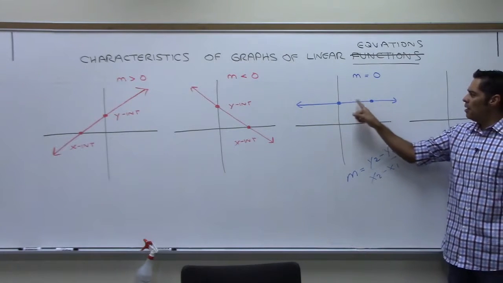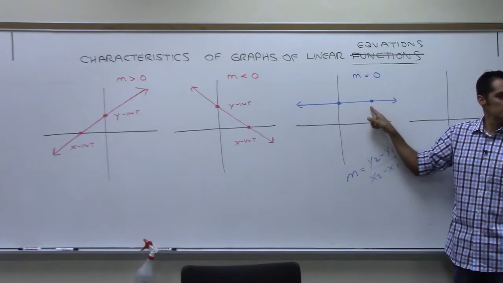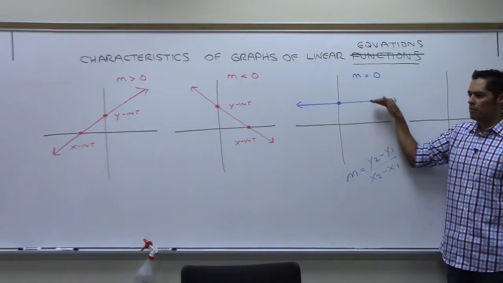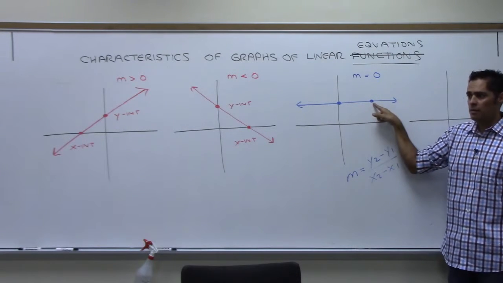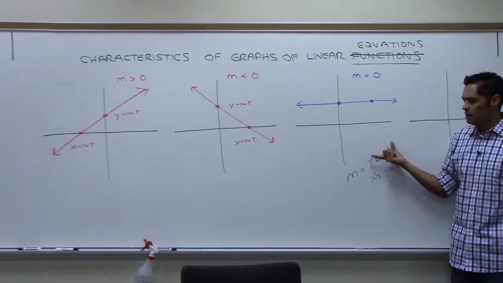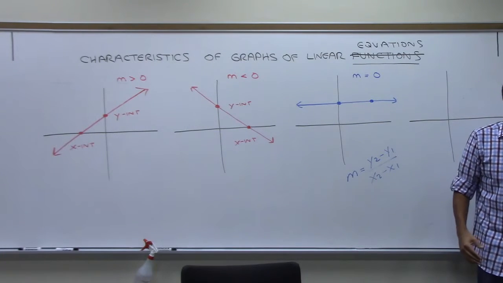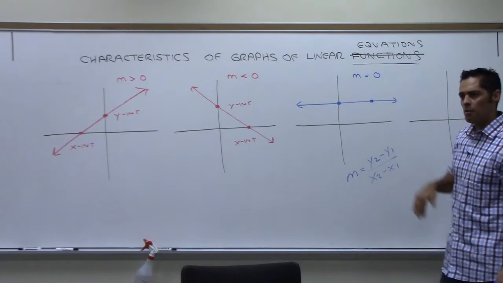But if they are both on this line, what can you tell me about their y-coordinates? They're the same, right? So I'm going to take a number and subtract it from itself, and that's always going to be 0. So I'm going to get 0 over some number, and it's going to be 0. That's why we will always get a slope of 0.